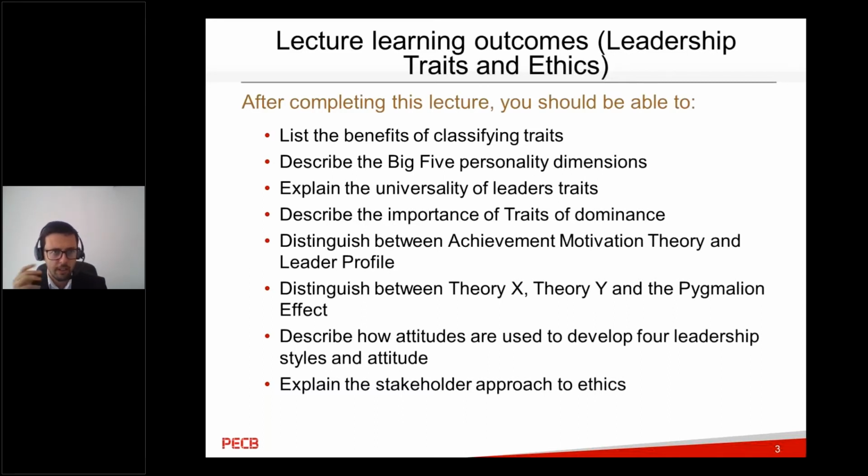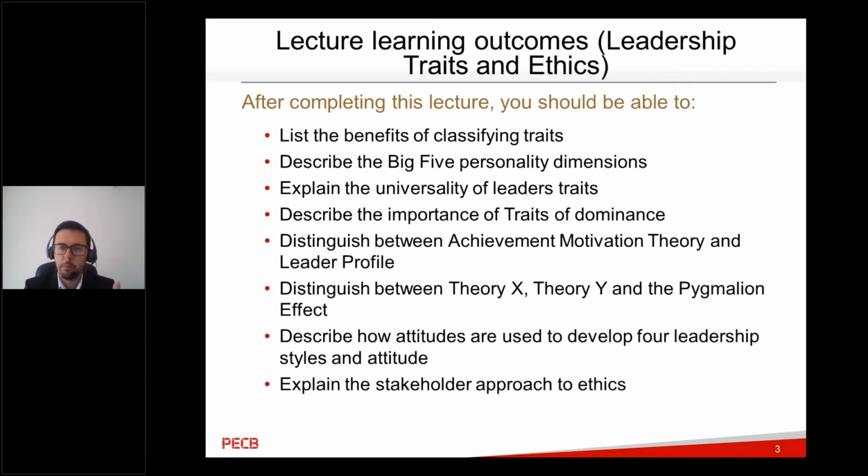Then we will try to distinguish between the achievement motivation theory and the leader's profile. This is something that is probably the most prominent way to identify the core profile, or the core traits that make a leader, and we will try to distinguish between theory X, Y, and the Pygmalion effect.